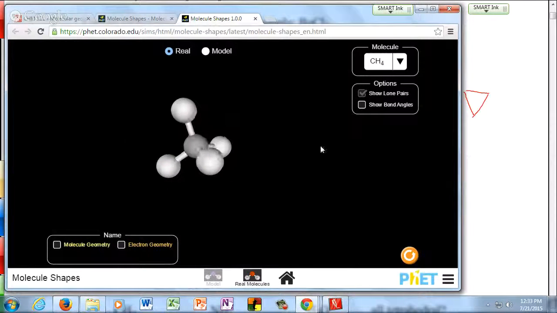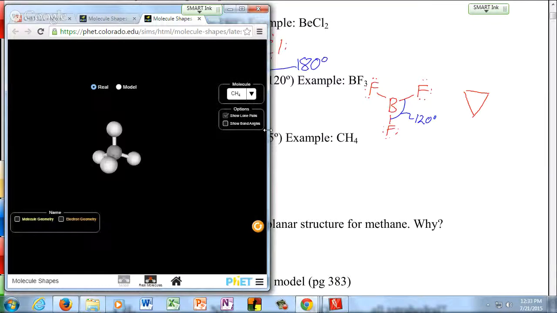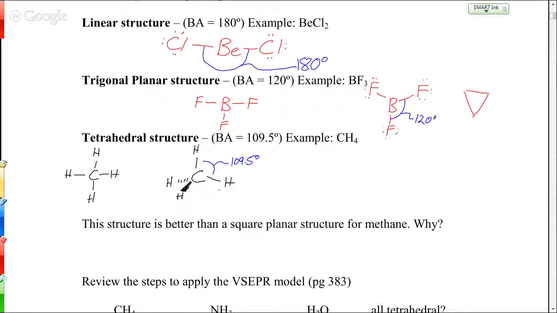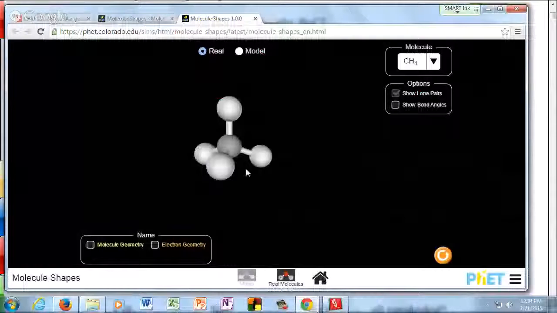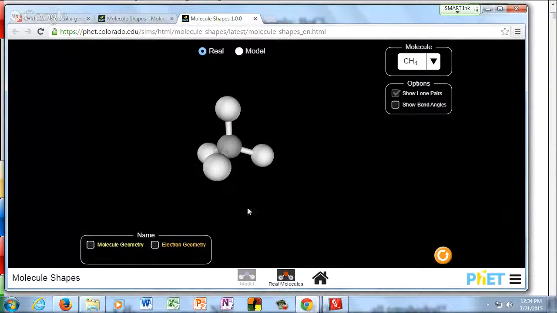So if we look at that, here's what that looks like in 3 dimensions. If you can kind of see the way we've drawn it, you've got one hydrogen going up, one going down to the right, and then one coming out toward you and one going behind. You'll notice the one going out toward you right here and the one going behind are really lined right up in that model.